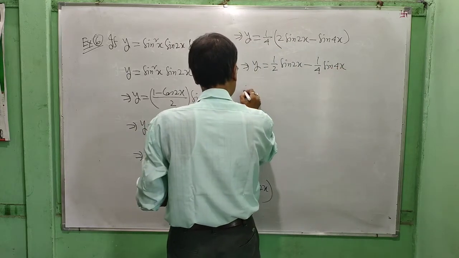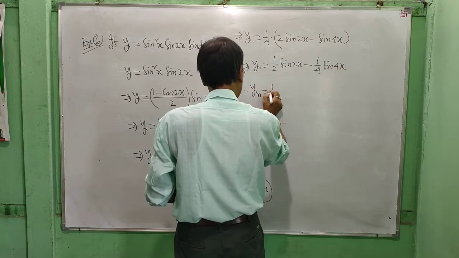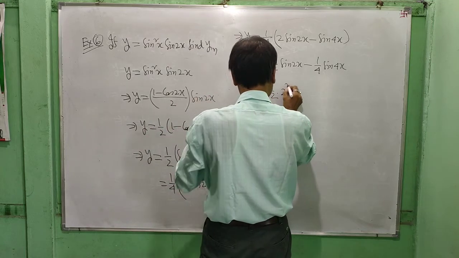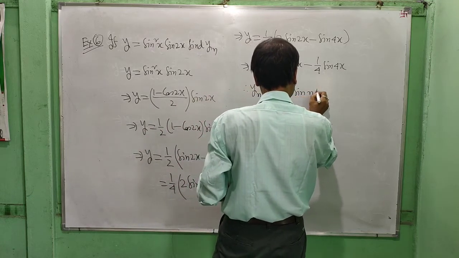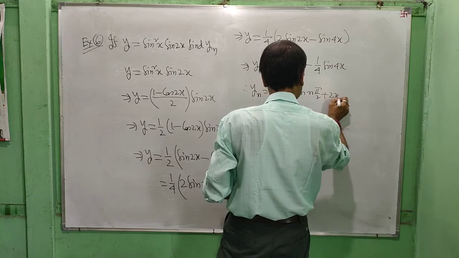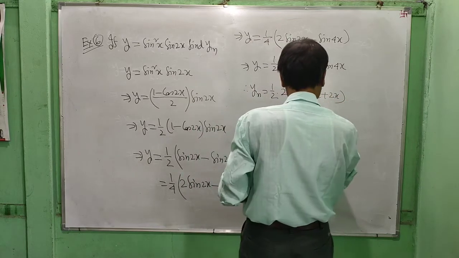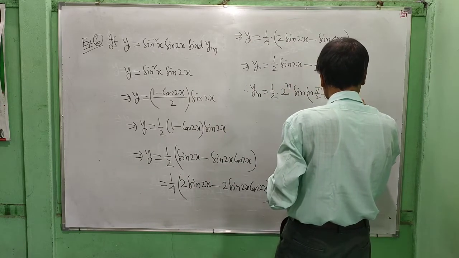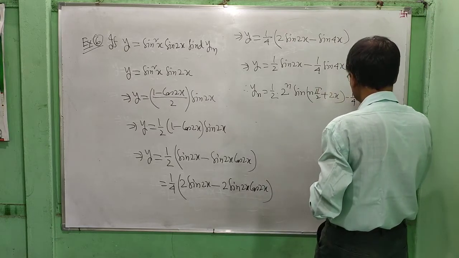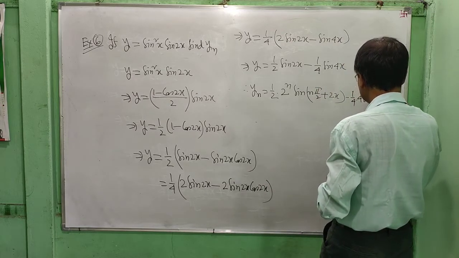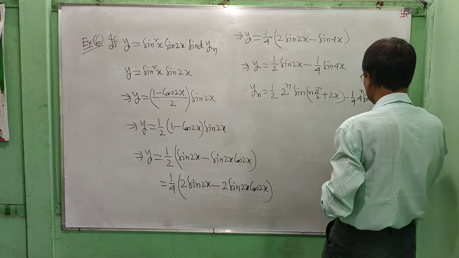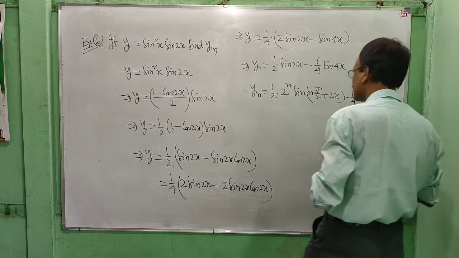Therefore, yn is equal to 1 by 2, 2 to the power n sin(n pi by 2 plus 2x) minus 1 by 4 into 4 to the power n sin(n pi by 2 plus 4x).